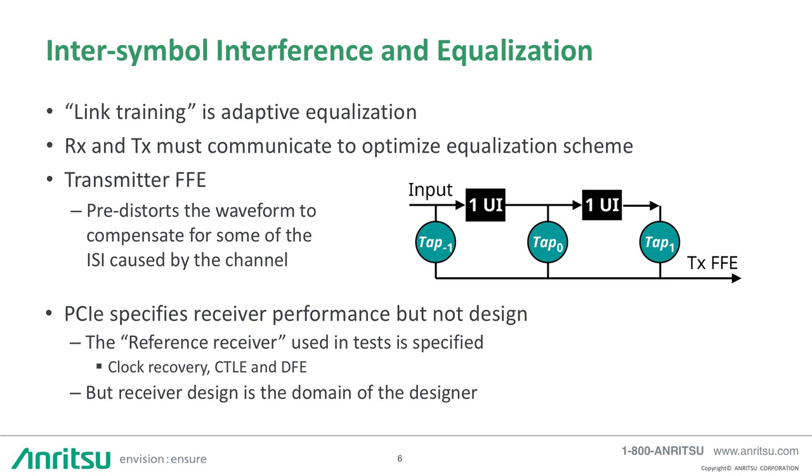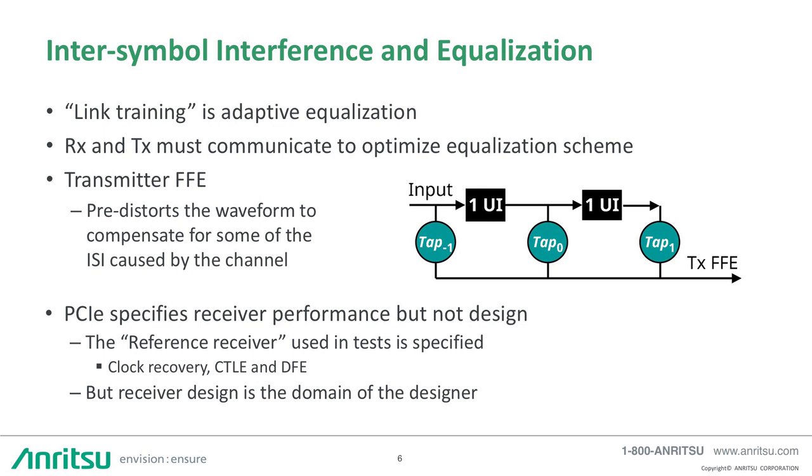Link training involves communication between receiver and transmitter to optimize and coordinate the adjustable equalization parameters. Those parameters consist of the feed-forward equalizer taps at the transmitter, and at the receiver, the continuous time linear equalizer gain and the decision feedback equalizer taps.